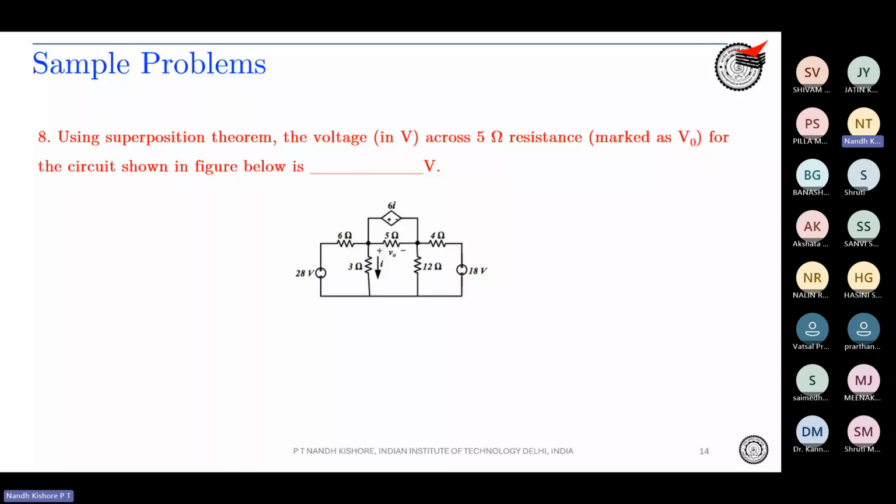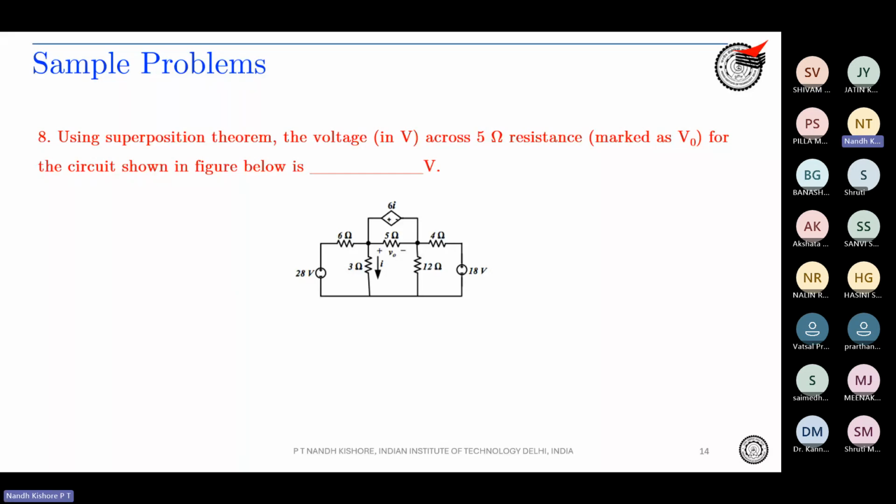Now you enable the other source and disable the source you had enabled in the previous iteration. Due to the other independent source, let's say the parameter you are seeing is now y2. So the final solution for y is going to be y1 plus y2.